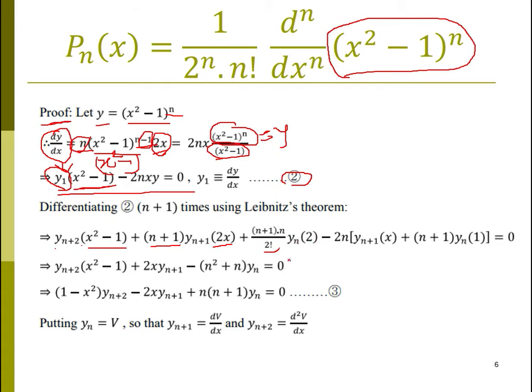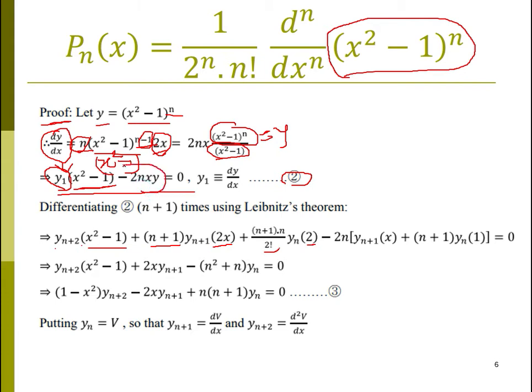And next, nC3 into y_{n-1} into the derivative of 2. The derivative of 2 is equal to 0, so the remaining terms are 0.